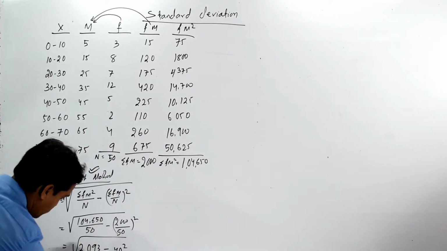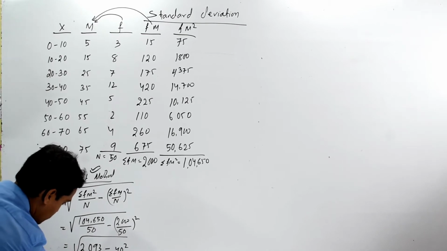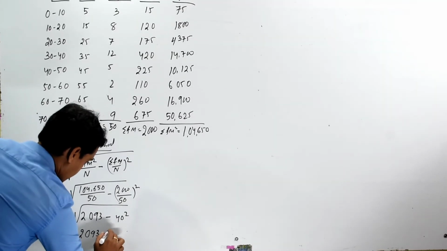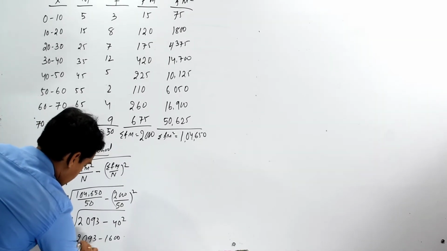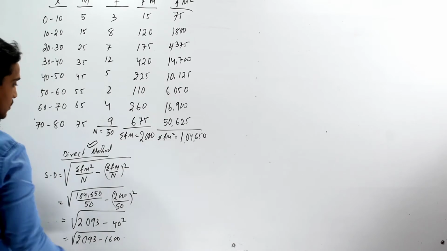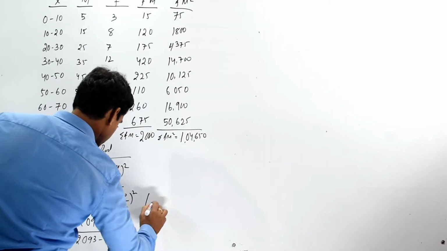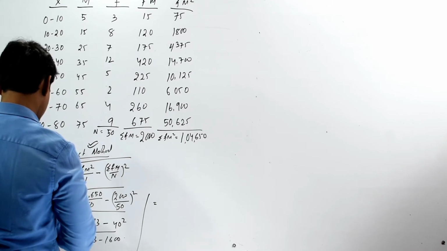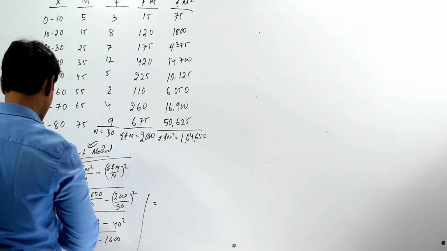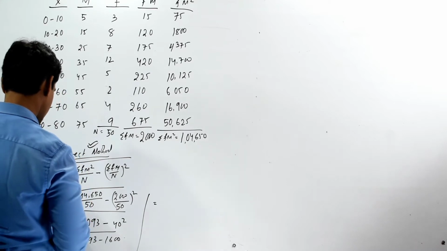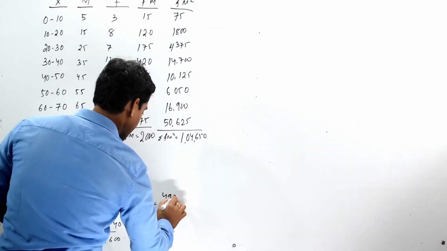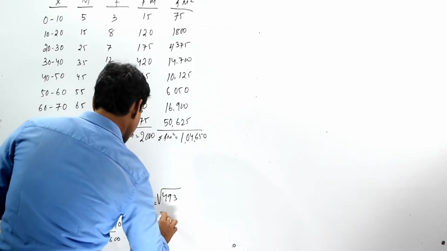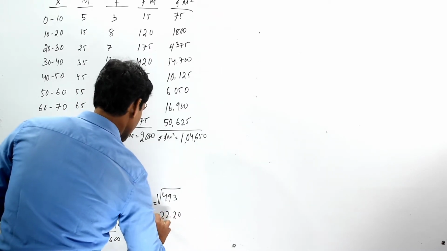So equals 2093 minus 40 square, that is 1600, whole root over. So the value equals 2093 minus 1600 equals root of 493, that is 22.20.